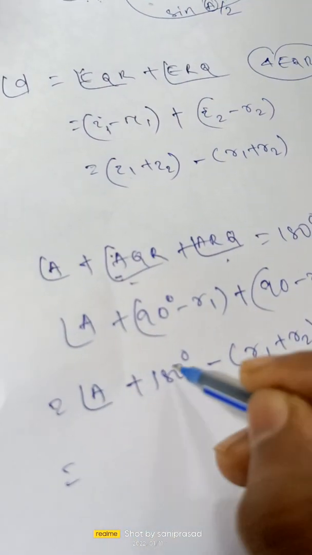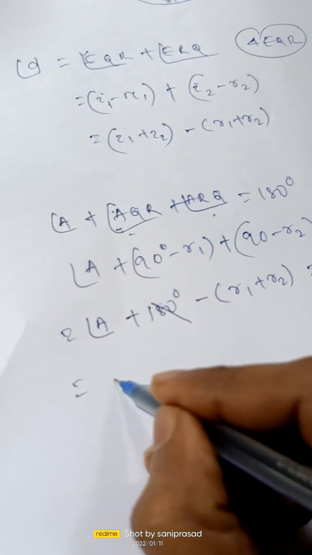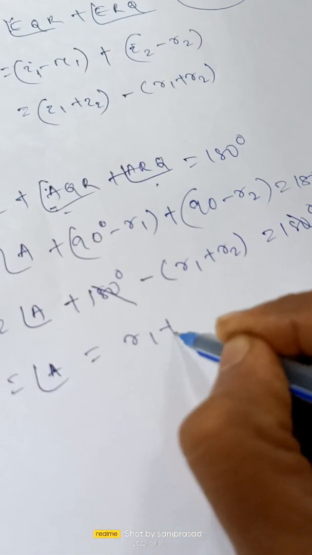The 180s cancel, so A is equal to r1 plus r2.